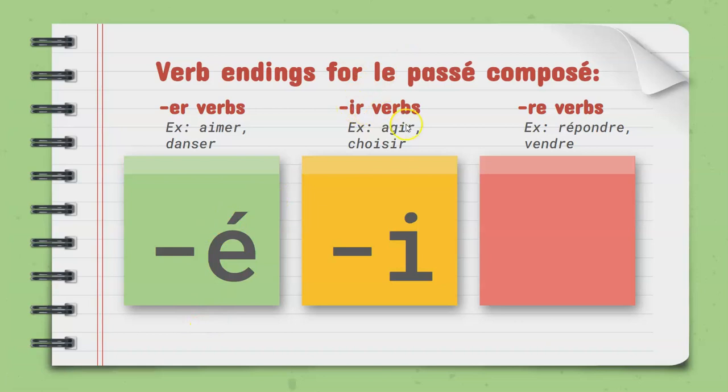For ir verbs, we drop the ir at the end and we replace it with the letter i. And for re verbs like répondre or vendre, we drop the re and we replace it with u. So aimer sounds the same but looks different, aimé. Danser, dansé. Agir becomes agi. Choisir becomes choisi. Répondre, répondu. Vendre, vendu.